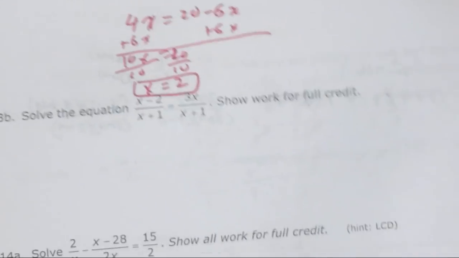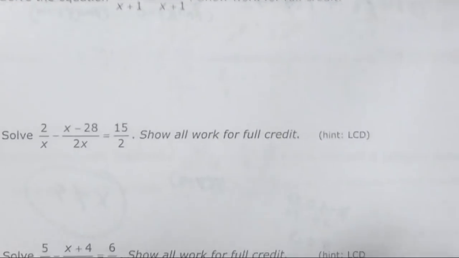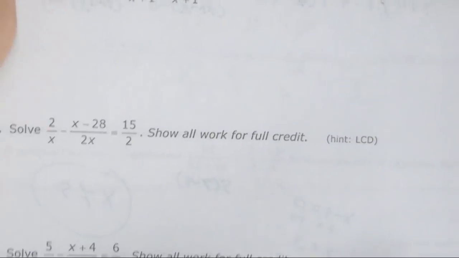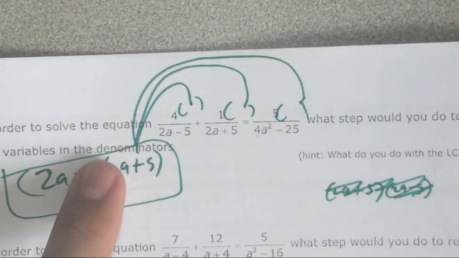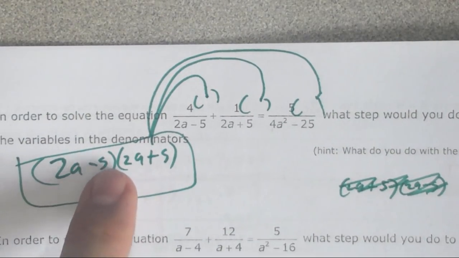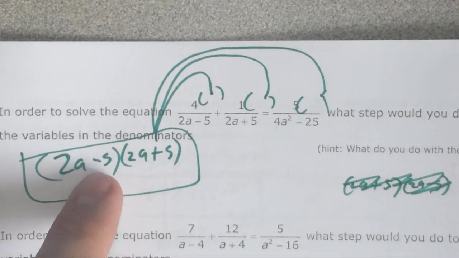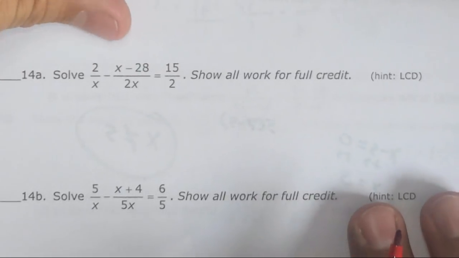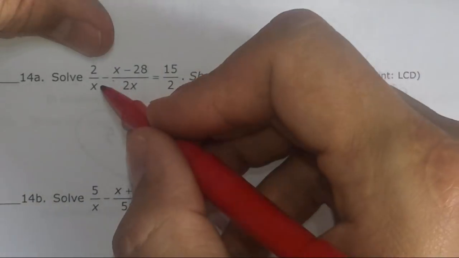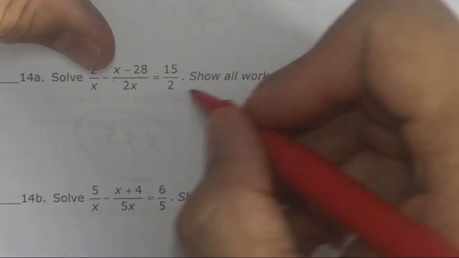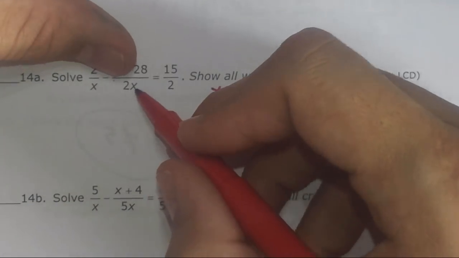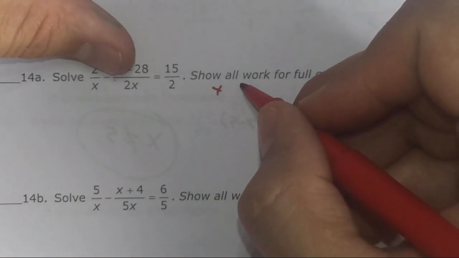For 14a, we're actually going to have to do a little bit of work. Just like we talked about when we solved the equations, we have to multiply by the least common denominator. So in 14, we're going to multiply everything by the least common denominator. What is it? Factors of x, we have x. Factors of 2x, we have 2 and x.